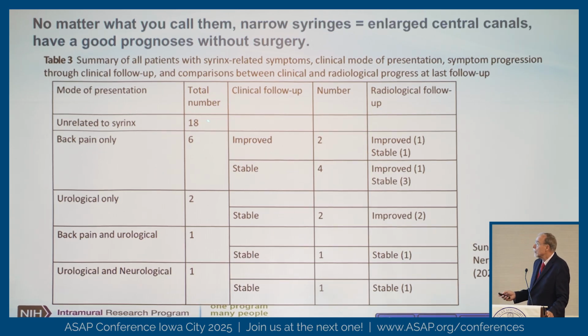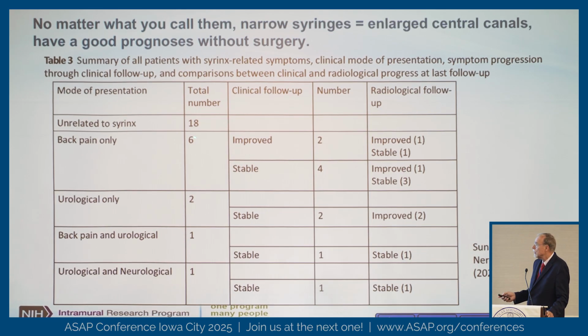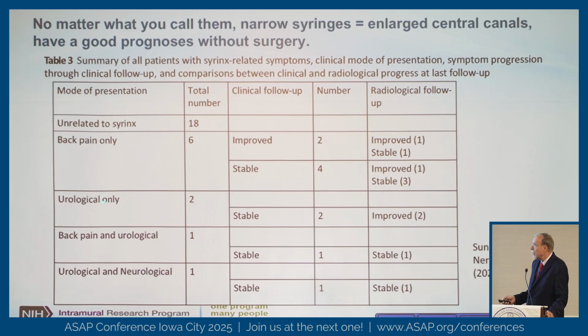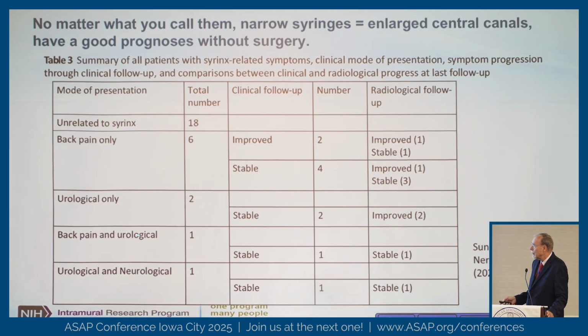So this is their whole group. 18 of their patients had symptoms unrelated to the syrinx. 6 had back pain, 2 urologic bladder problems, back pain and urologic, and 1 neurological. In the clinical follow-up, you can see they were all improved or stable.